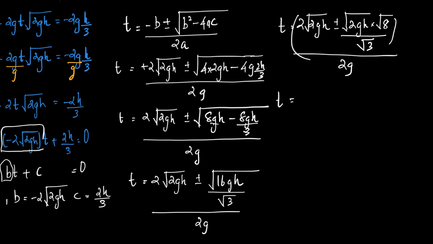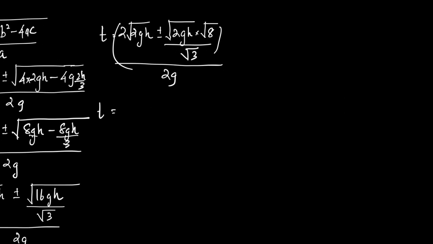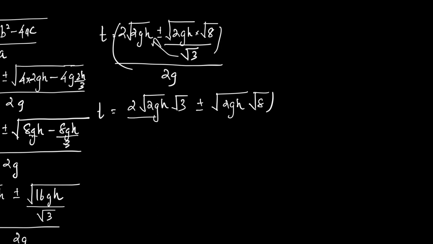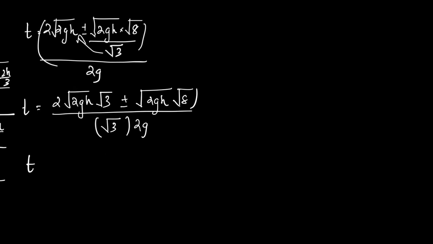So t will be equal to, if I take 2 root 2gh here, I can multiply root 3 over here. So this becomes root 3 plus or minus root of 2gh into root 8 the whole upon root 3 into 2g, right?